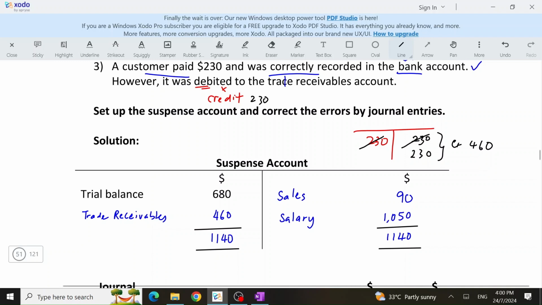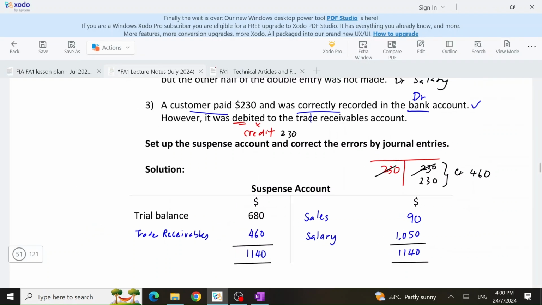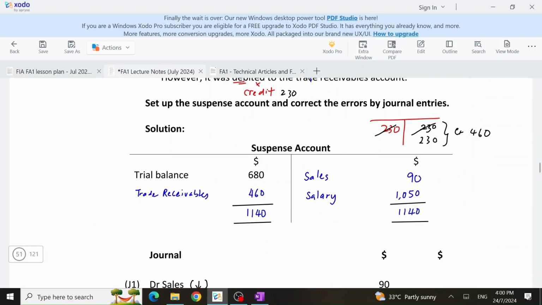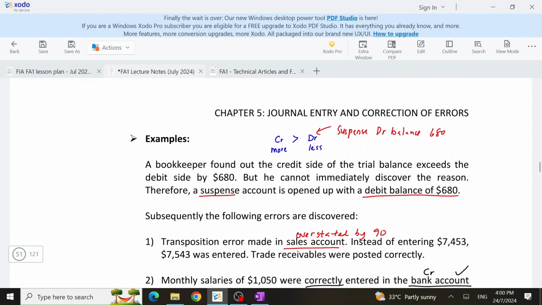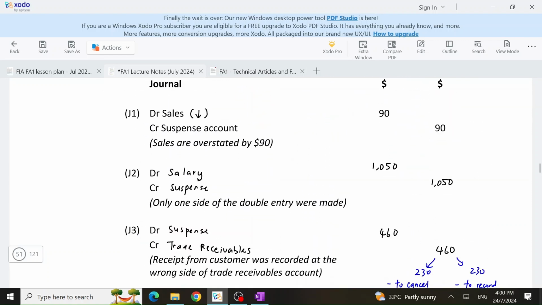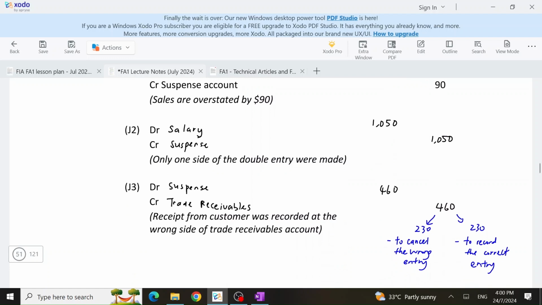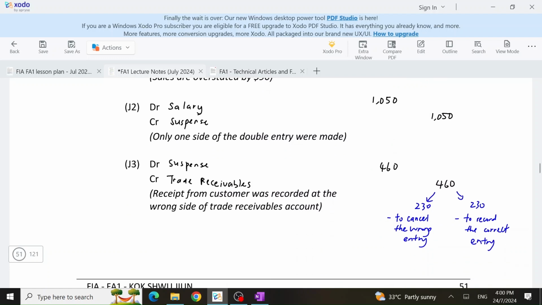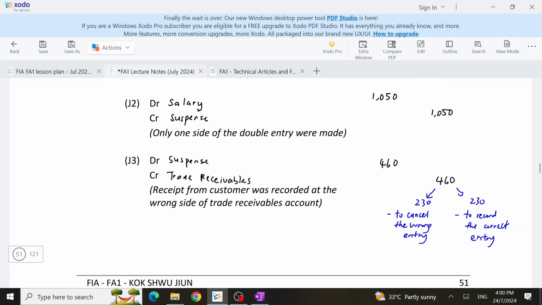Yes? Okay, so far what we have done is, all the errors now, you can see suspense account entry. The first one, credit suspense. The second one, credit suspense. The third one, debit suspense.